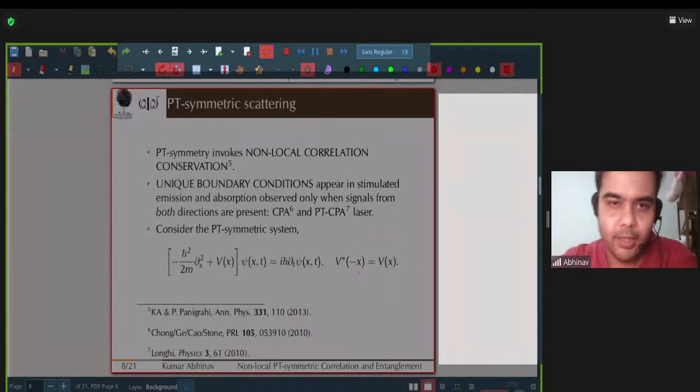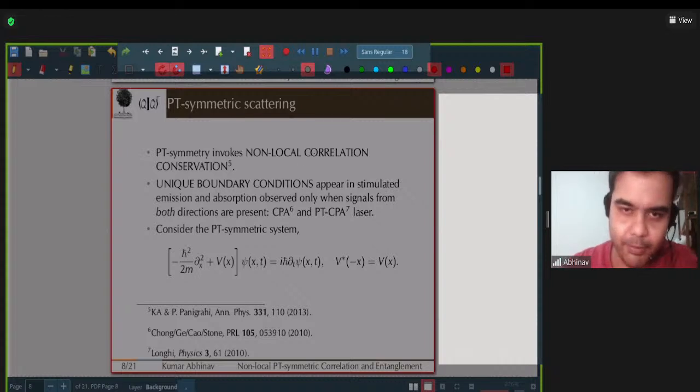Next, we'll talk about the PT symmetric scattering I mentioned. What we see is that there will be a non-local correlation conservation. Why are we bothered about scattering? Because when we were working on this paper, just before that, certain experimental and theoretical results came out for certain laser systems.